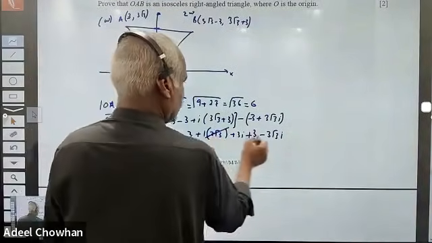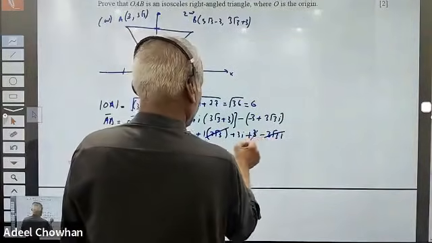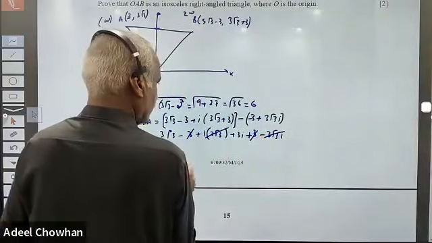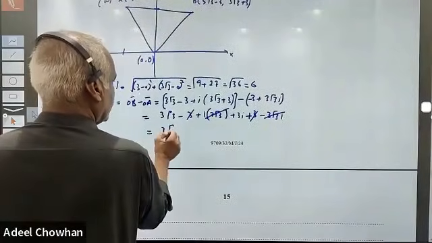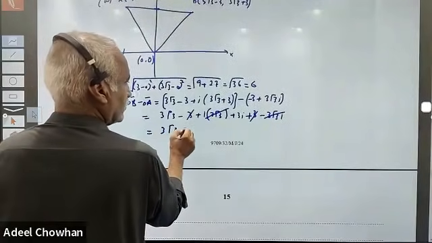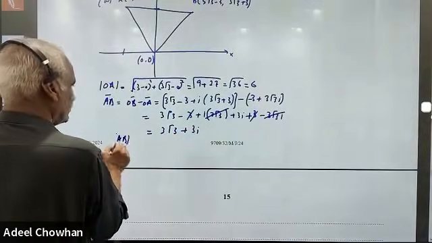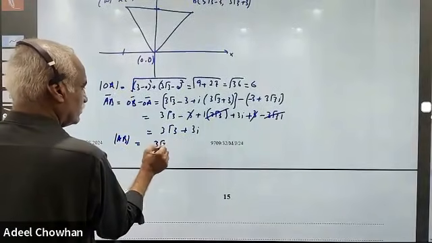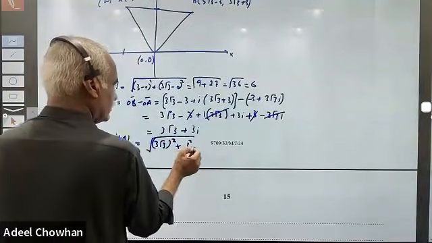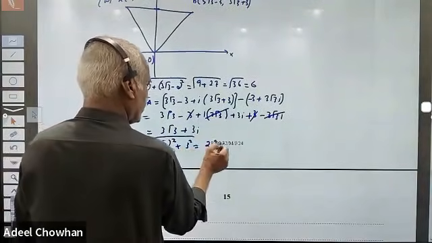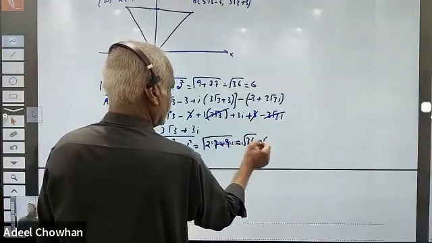The plus 3 root 3 iota minus 3 root 3 iota cancel out. Plus 3 is cancelled out by minus 3. So there should be left 3 root 3 plus 3 iota. So AB magnitude is equal to square root of 3 root 3 square plus 3 square, that is equal to 27 plus 9, that is equal to 36, and that is equal to 6.